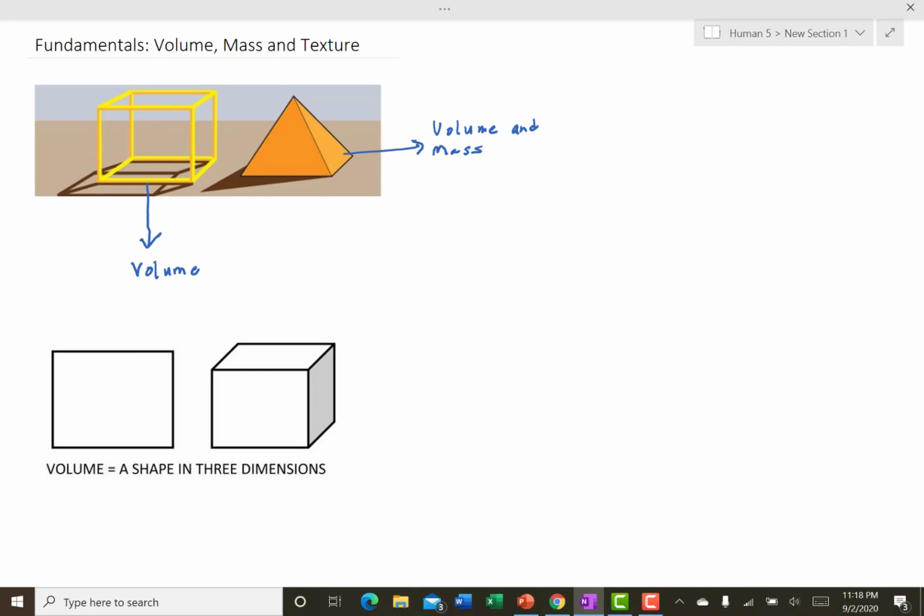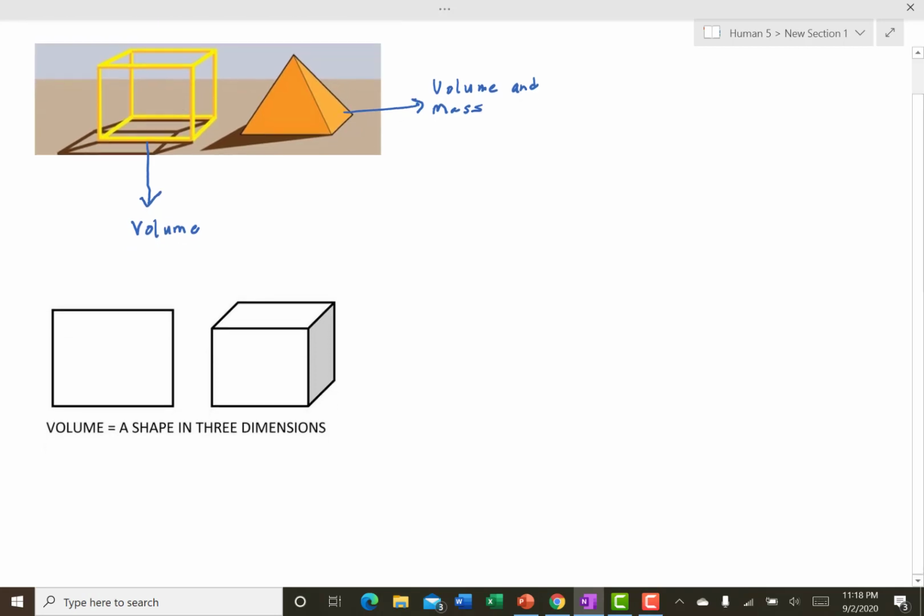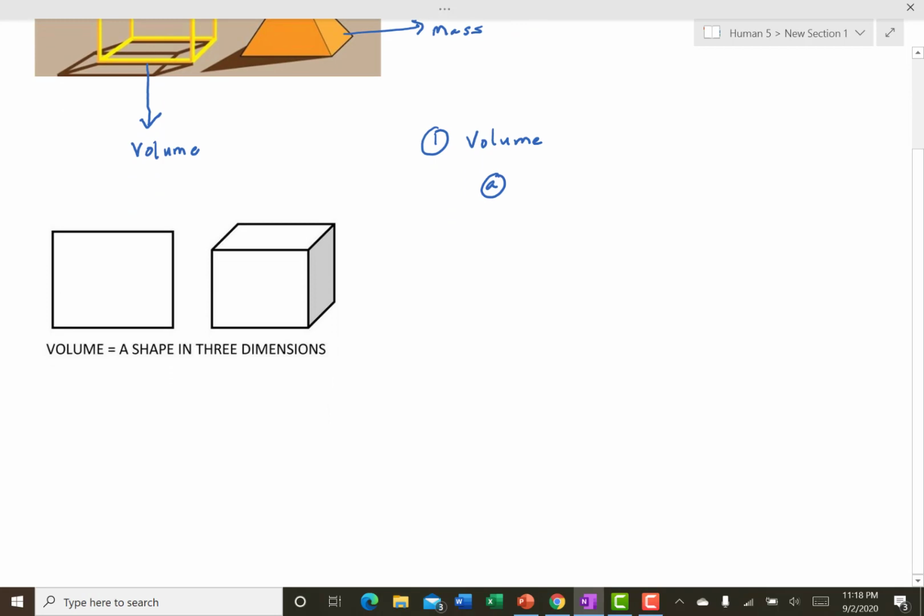And how this gets into it is really what the definition of volume is. So let's put that here. We'll do volume. And what volume is, in the simplest form, is the amount of space occupied by an object, right?